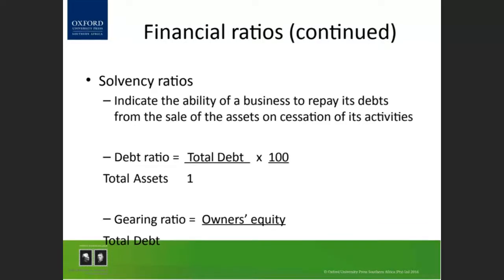Then we also have what is known as the gearing ratio, whereby we try to see to what extent the business is financed by debt. To calculate gearing, we divide owner's equity by total debt. Again, there is what is recommended, which is given in your textbook.